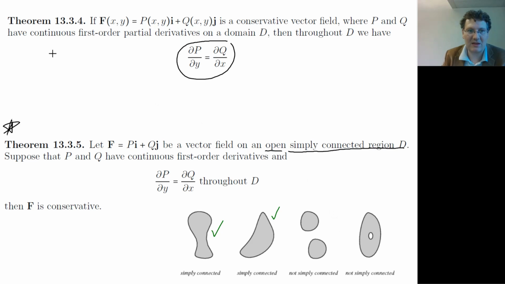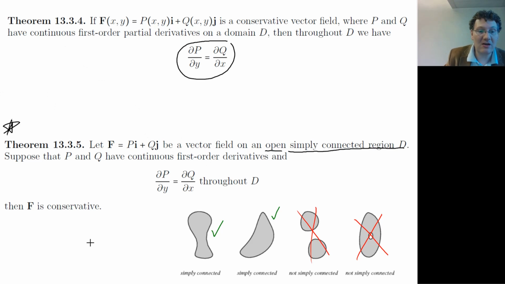That's the first thing: you can get from any one point to another point without leaving it. So it's not simply connected if it is composed of two separate regions, but also no holes are allowed in a simply connected region. So this would not be simply connected. No little tiny holes are allowed.